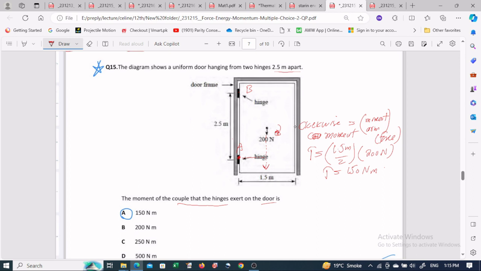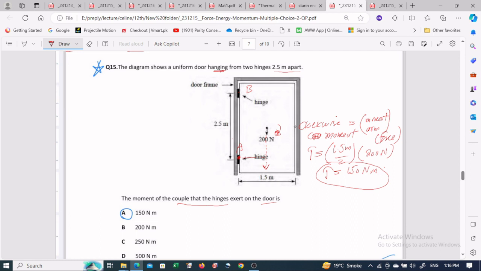Now, as we know, this hanging door is in equilibrium. Because it is hanging, the door is not on the ground, so no normal reaction acts on it. It means there is an opposite torque that acts on the hinges. According to the principle of moments, this torque of 150 newton meter is balanced by these two hinges.